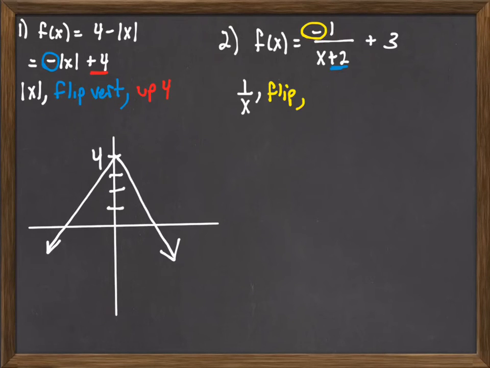And then we examine what else we have. We have plus 2 on the inside of the function. Remember, inside's horizontal, horizontal's backwards. So plus 2 is going to cause the graph to move to the left 2. And then we see we have a plus 3 on the outside. Outside's vertical, and it's the normal way. So we'll move the graph up 3 units.